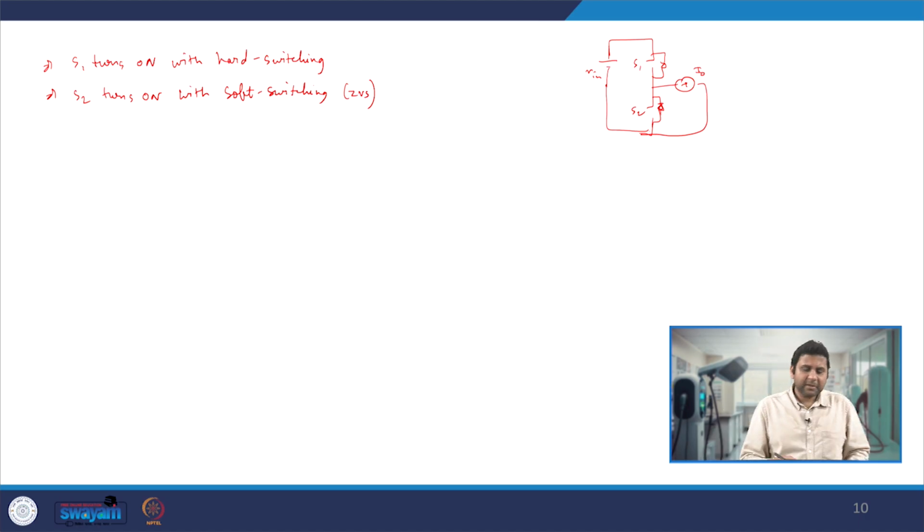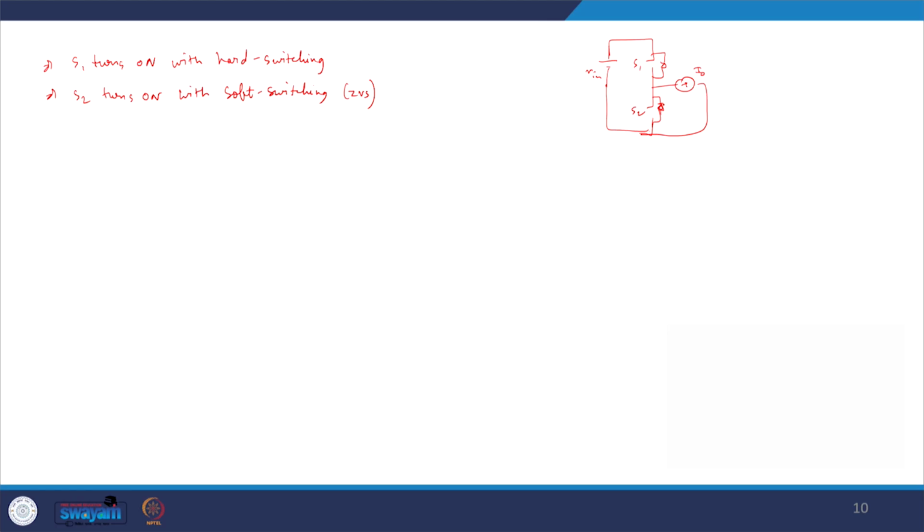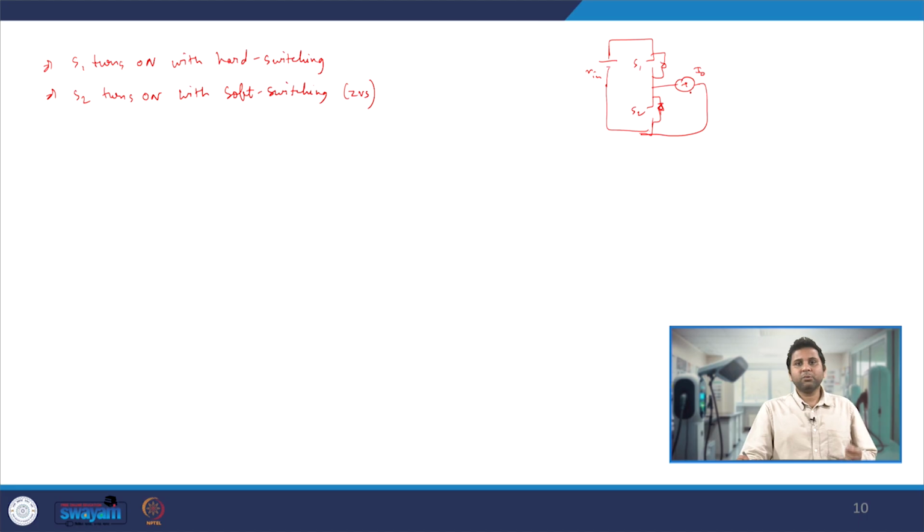However, if we think about the turn-off case, we would like the current to go to 0 before the voltage starts rising. In this kind of circuit that is quite difficult, because we are not adding any additional circuit to it. Since we have connected an inductor at the output, we have a kind of constant current coming out of this half bridge, so it is difficult to make the current go to 0.